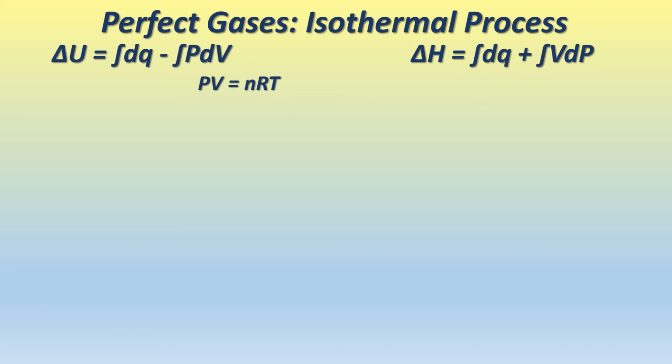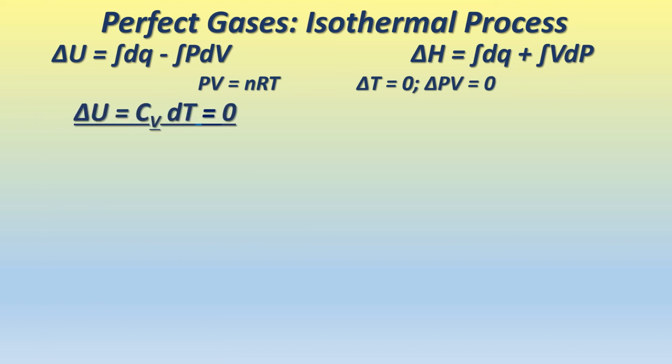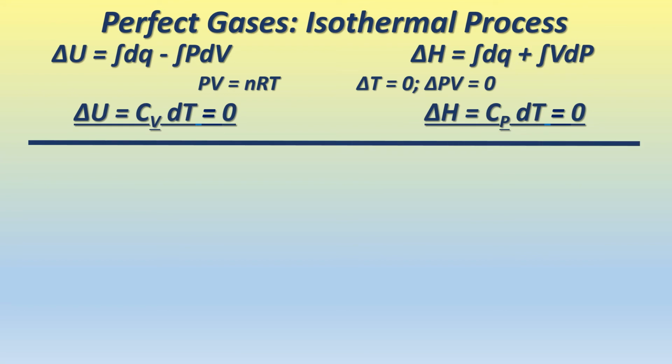Since PV equals nRT, for an isothermal process, if the temperature is constant, pressure and volume have to stay constant. So you get the well-known and established result: isothermally, delta U is CVdT equals 0. Delta H is CPdT equals 0.